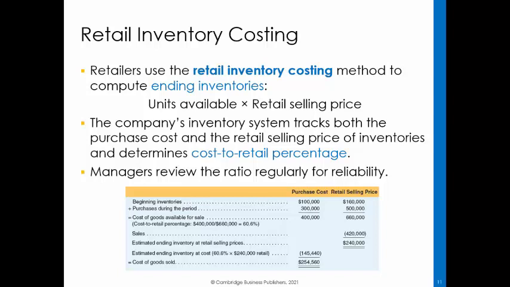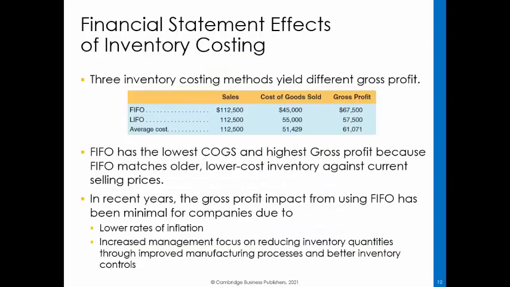This amount is deducted from cost of goods available for sale, $400,000, to yield cost of goods sold of $254,560. The cost to retail percentage is determined by dividing the cost of goods available for sale, $400,000, by the cost of goods available for sale at retail of $660,000. Since this ratio is very important, managers review it regularly for reliability.